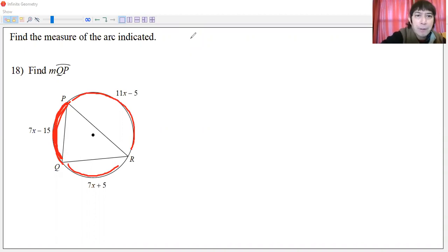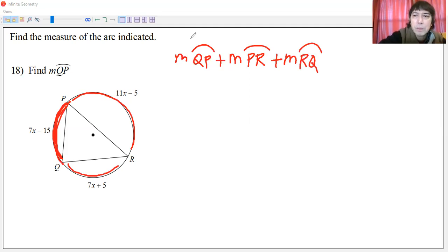So let's put our working formula. The measure of arc QP plus the measure of arc PR plus the measure of arc RQ must be equal to 1 full circle, 360.